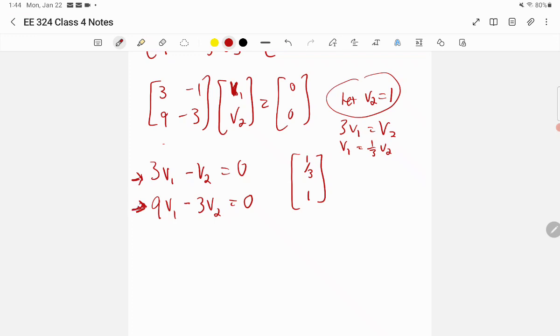Now, because we only have one free variable, there's only one vector that goes with this. And we need two vectors. So that means we're going to have to find a second vector, so the eigenvectors are not unique.